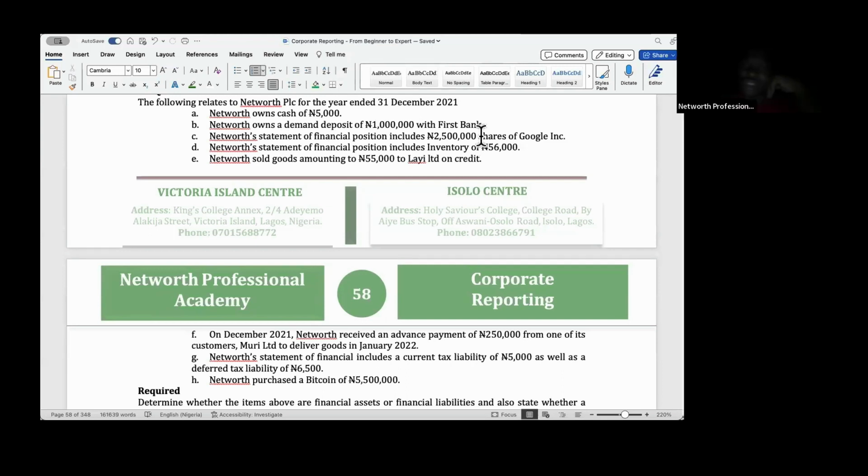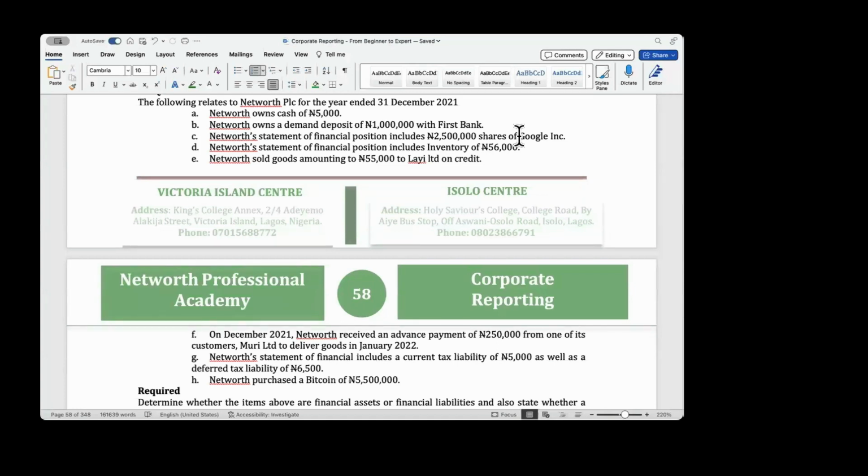But you know that this one is shares now, so that cannot be a liability to Google. That would be equity to Google. When a company issues shares and you buy their shares, I who bought the shares have a financial asset.